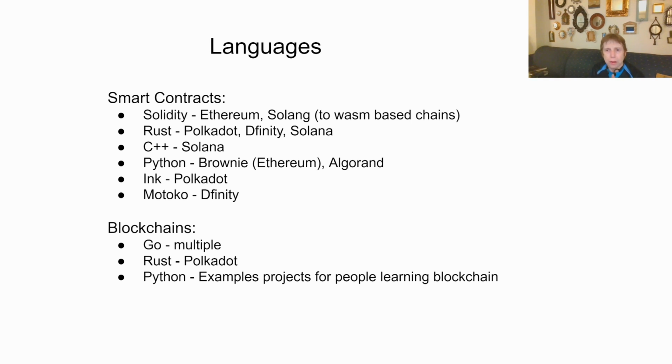Solidity is probably one of the best to learn for smart contracts because Ethereum is such a big player. And again, if you have a Solidity smart contract, you can write it out to use Solang to run it on the Wasm-based chains like Polkadot.